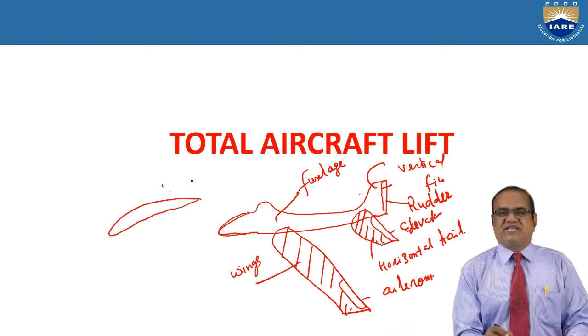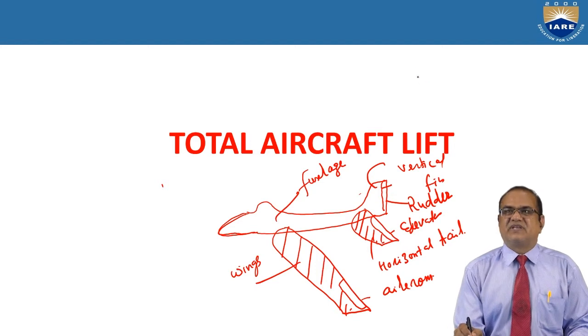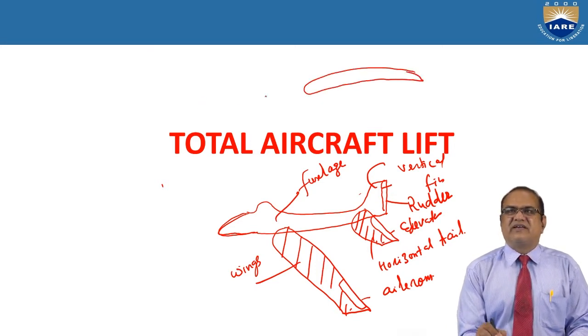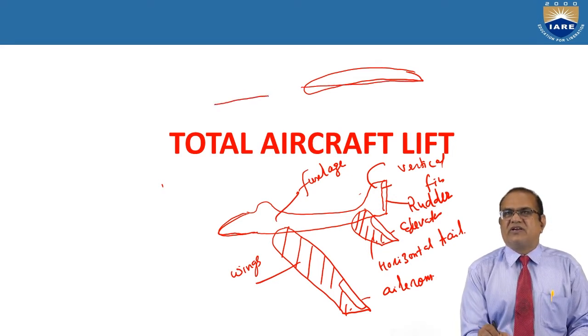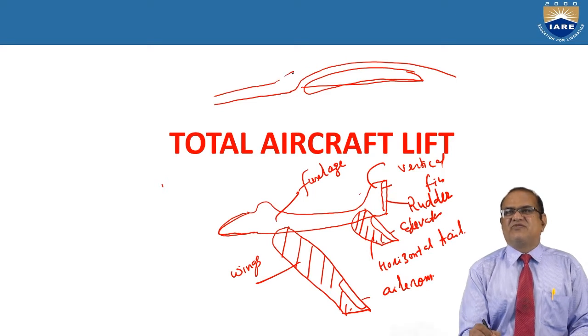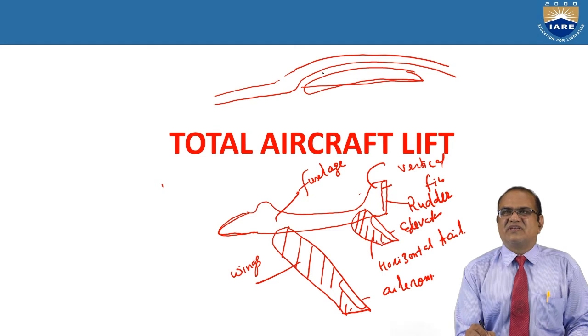Okay, so if you see here, I will write here. This is the aerofoil and this is the chord line. So if you see from here to here, these are the streamlines, and if you see that upper side, the area is reducing.